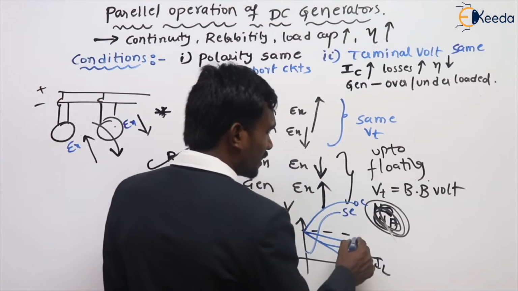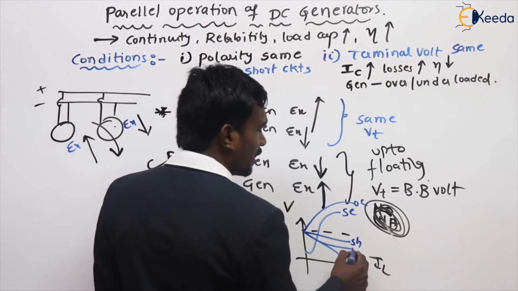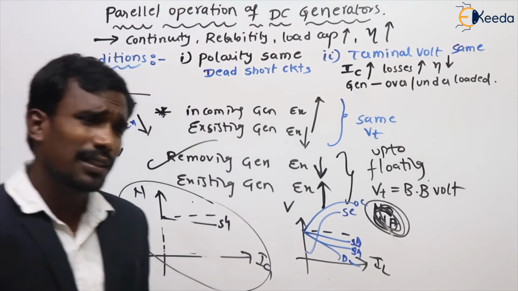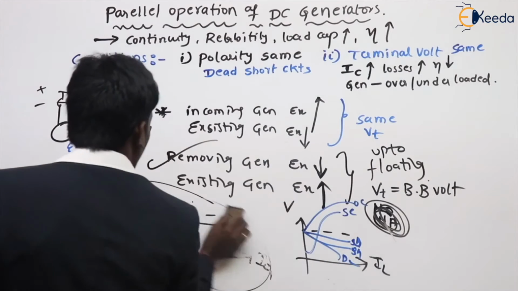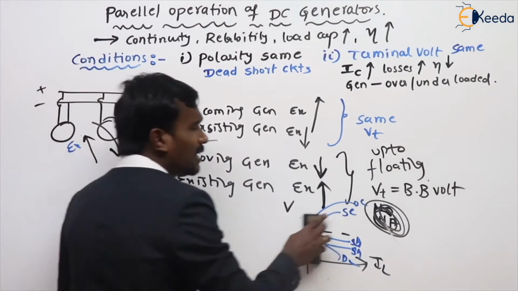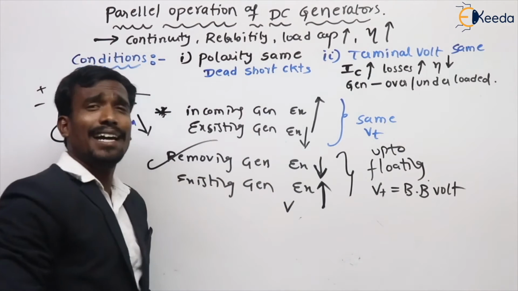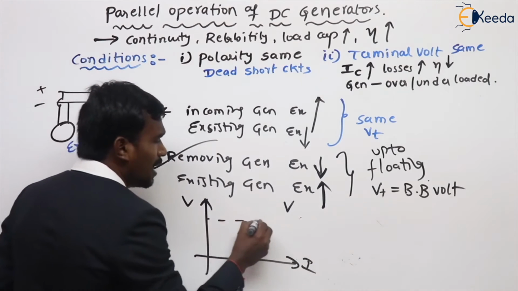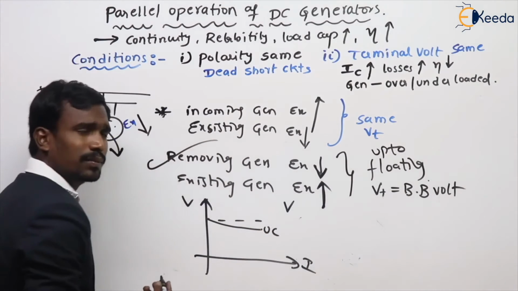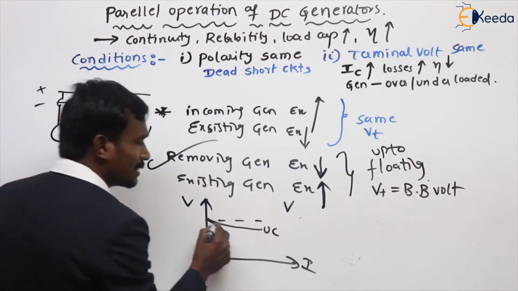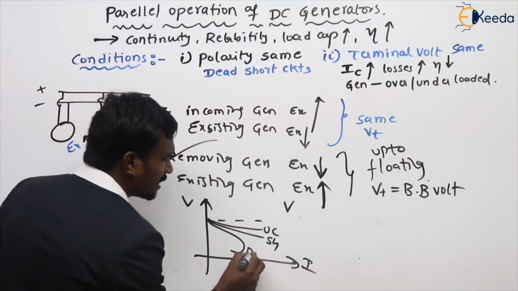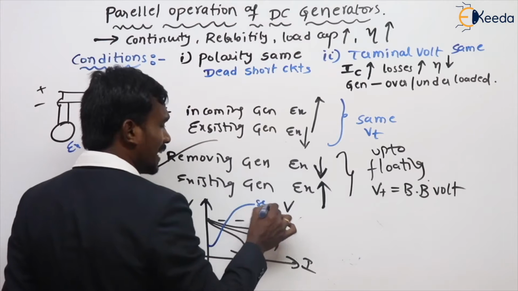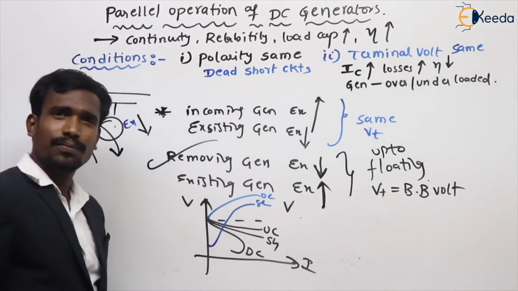So here the important thing is which are having rising characteristics and which are having drooping characteristics. Let's see, this is the current and this is the voltage. Under compound is like this. Separately excited is like this. Shunt is like this. Differential compound is like this. Whereas the series generator is like this. Over compound is like this.